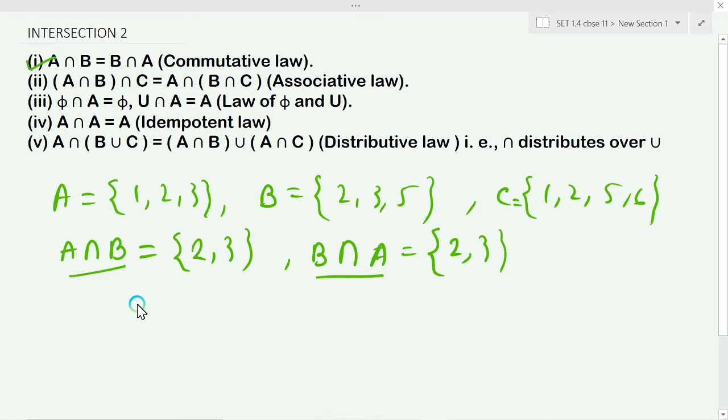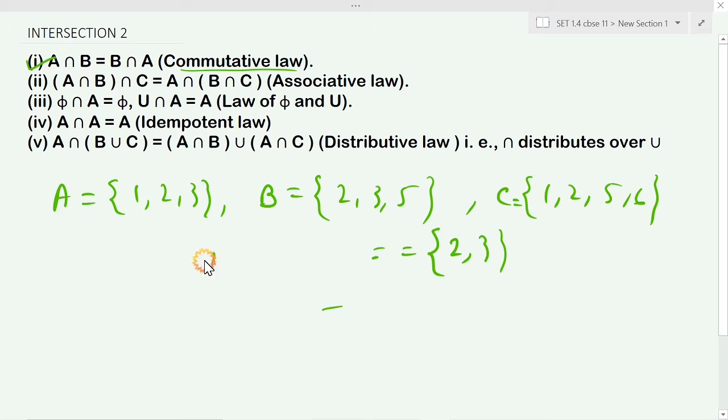So we can say that A intersection B equals B intersection A, and this property is called commutative law.